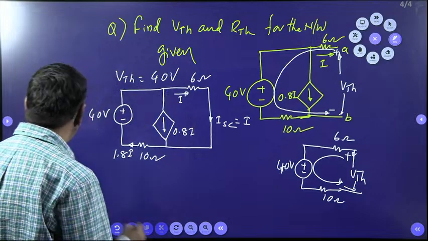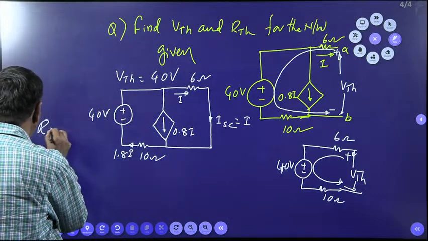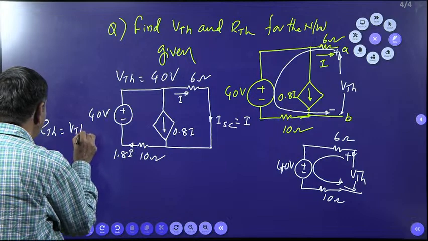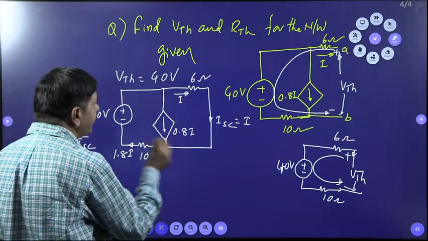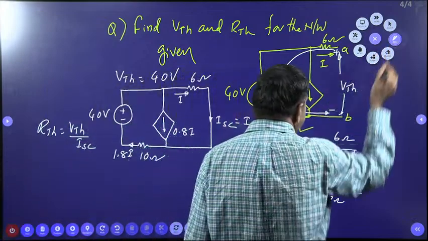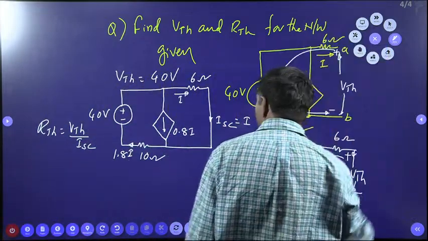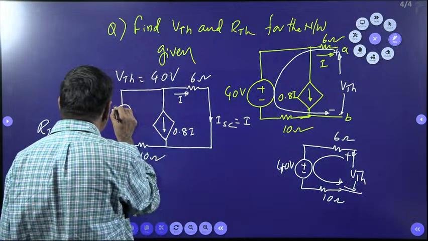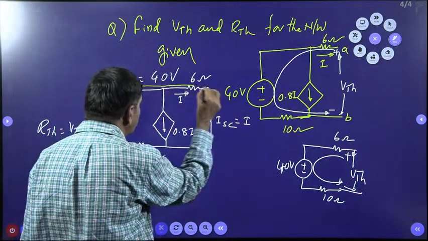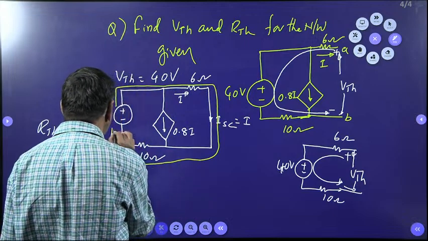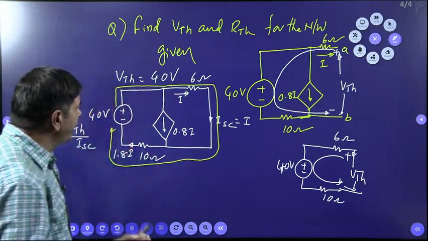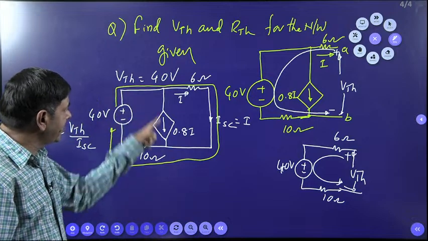Now I said RTH is nothing but VTH by ISC. I want to apply KVL to get ISC. How to apply KVL? I wish to apply it without touching the current source, so you proceed. This side KVL I will apply. But you may get a doubt, sir, why don't you take the other side?